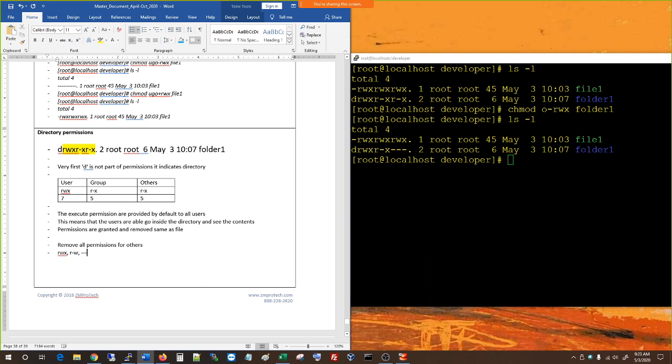What would be the number value here? 7, then 5, then 0, right? 750. Okay, very good. And then you could use it with o-rwx. So I think you got the idea how this is working.